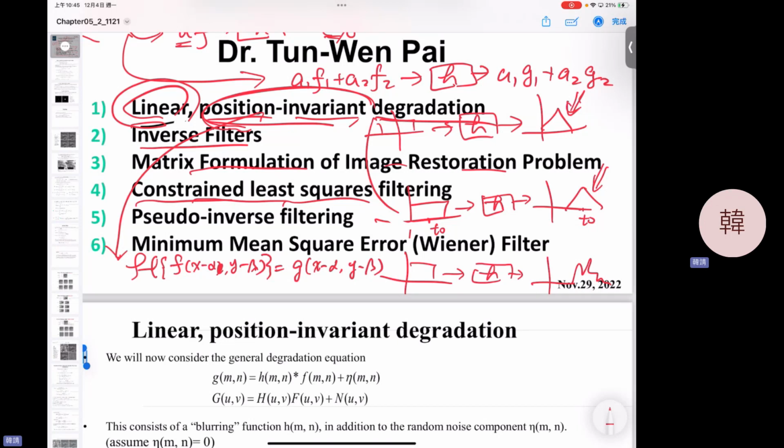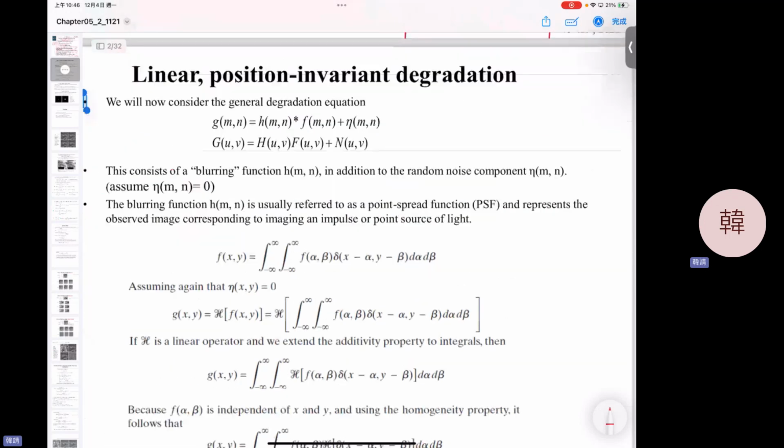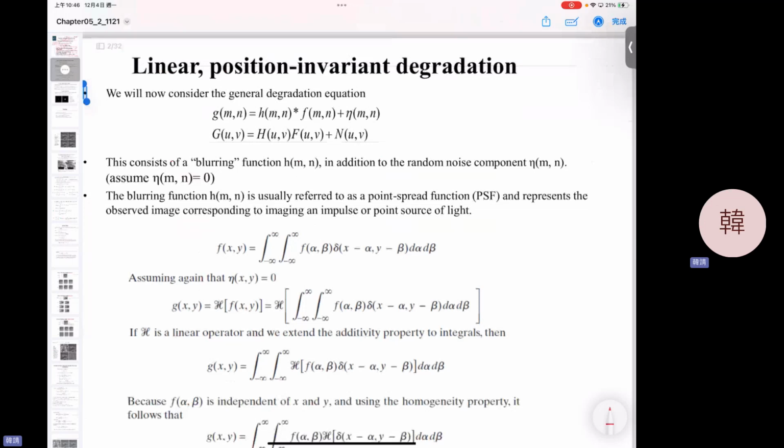You are going to find a parameter there, and the parameter can be changed, to find the best restoration result by changing the parameter. So it's a lot of mathematics here, and with a different parameter setting it becomes a pseudo inverse filter, and we also try to find the Wiener filter in this class. So we mentioned all the linear and position invariant degradation model here.